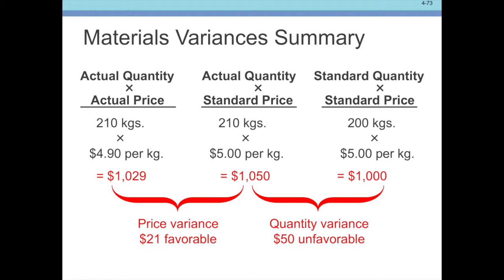So the standard quantity is 200 kilograms at $5 per kilogram for $1,000. Now what wasn't given was the standard quantity. So the 200 wasn't given. How did we get the 200? Well, if we look back at the problem itself, it says, last month, 210 kilograms of fiber fill were purchased and used to make 2,000 parkas. If we're going to make 2,000 parkas, how much material should we use? What is the standard amount of material for 2,000 parkas?